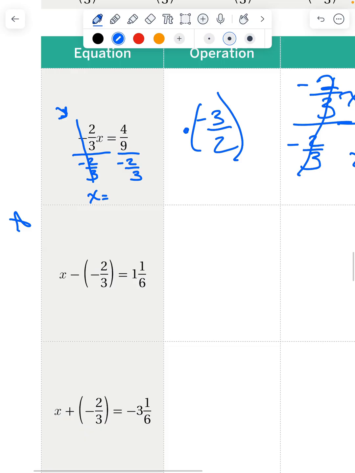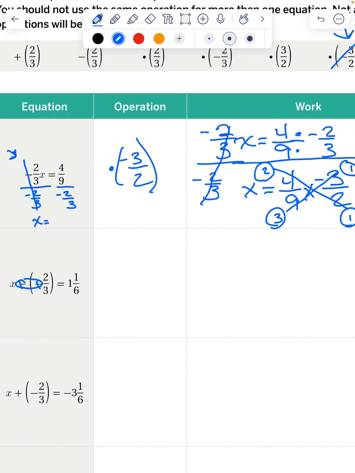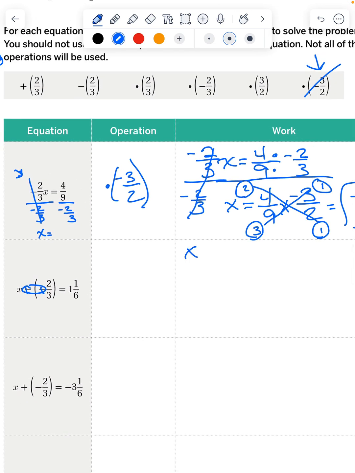x minus a -2/3, alert, there's a double negative. I'm immediately going to change those into a positive. So it really says x plus 2/3 is 1 1/6.